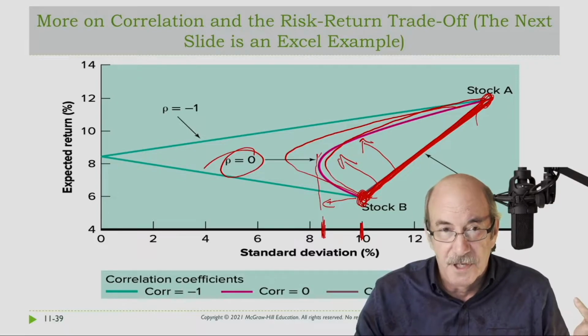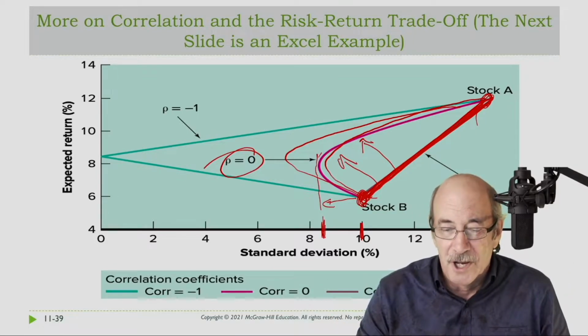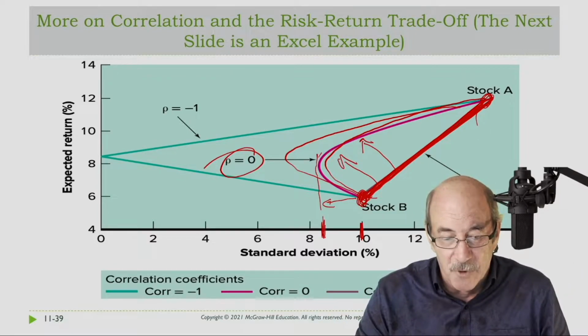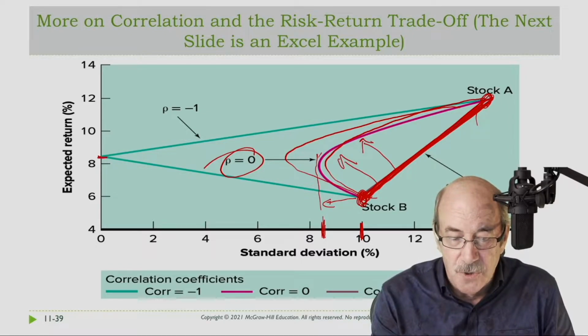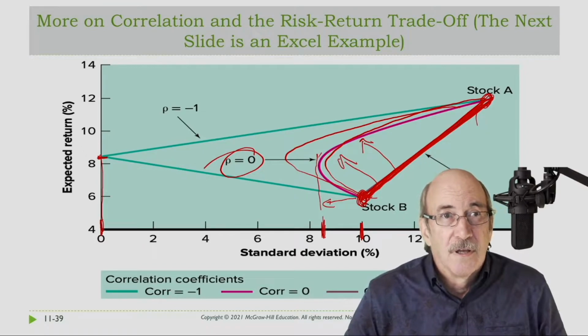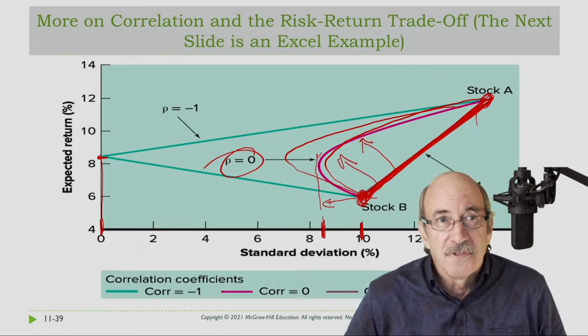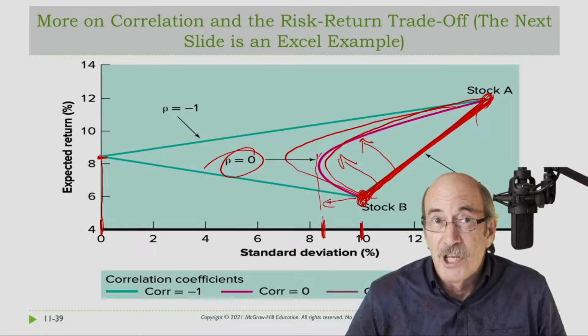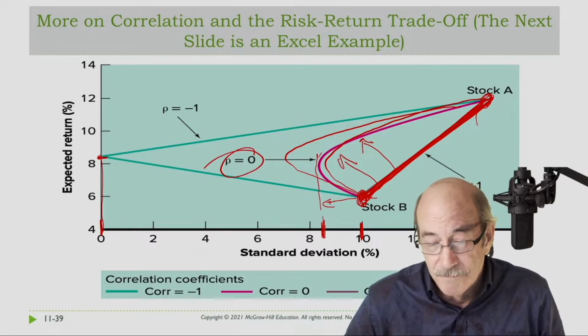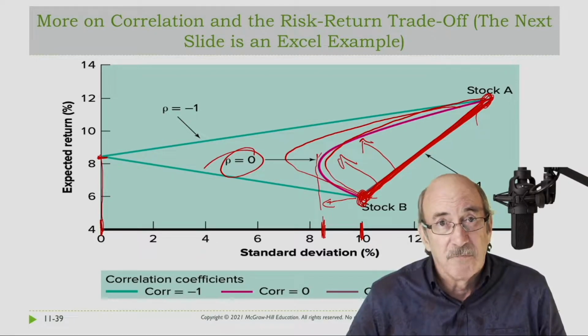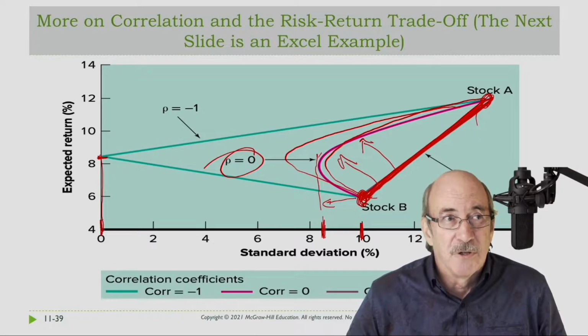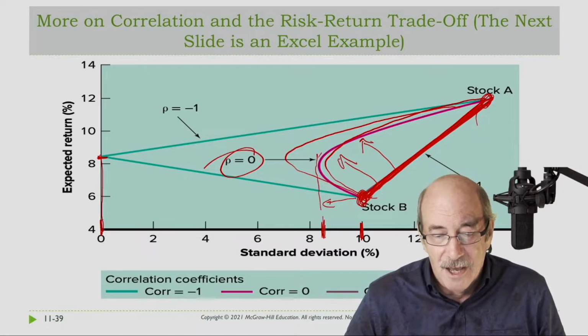And then, of course, the holy grail here, the correlation of -1, we actually get to a 0 risk. Some of our theory uses this feature, even though it's practically not possible or very unlikely.